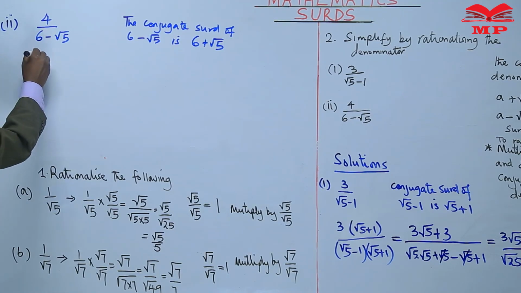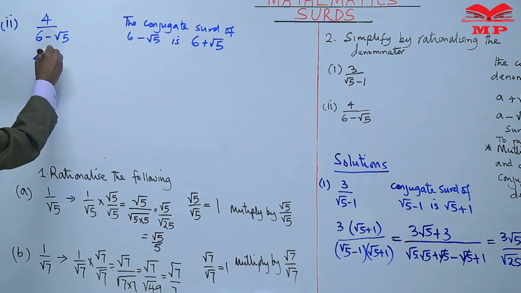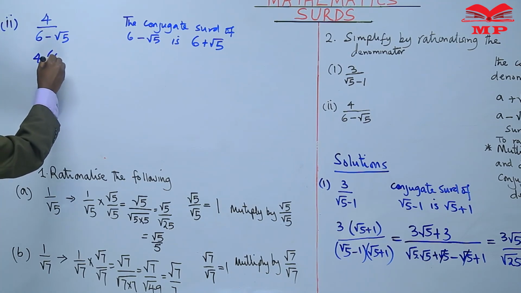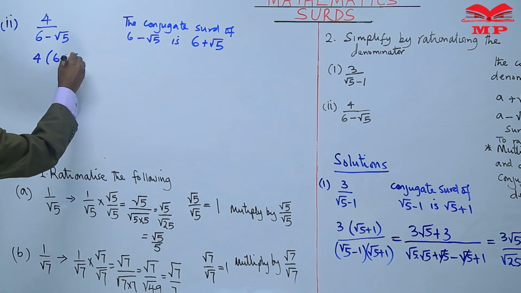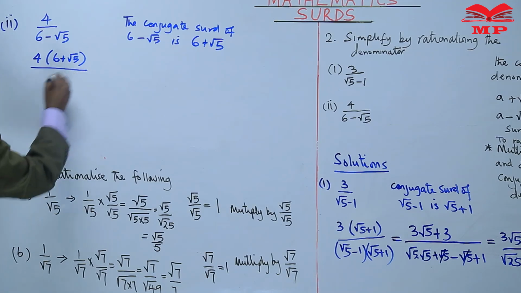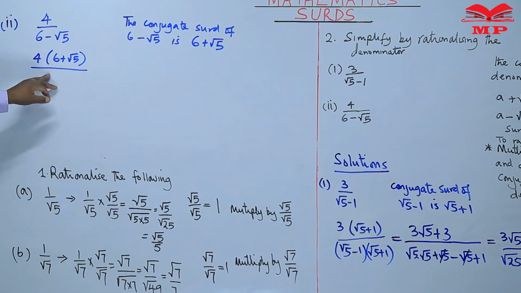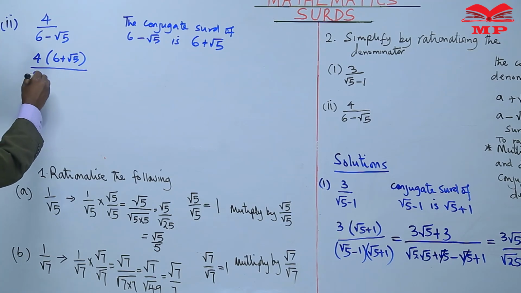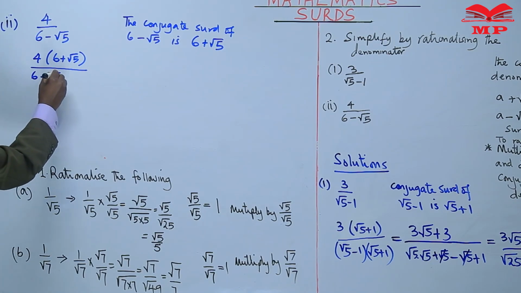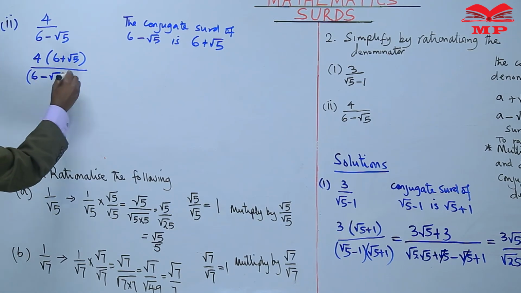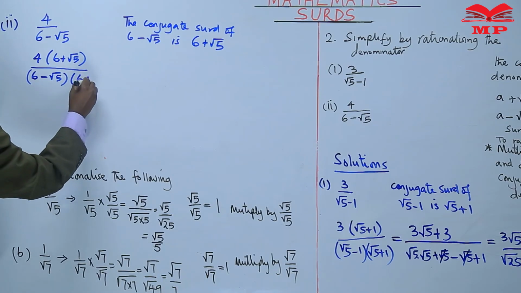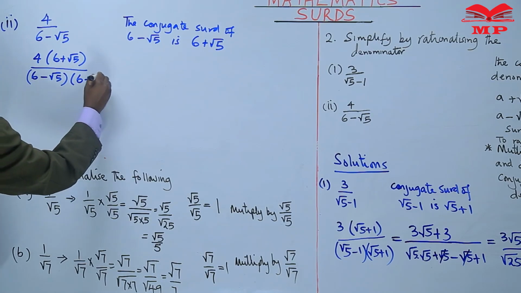So this will come to 4 into 6 plus square root of 5 over 6 minus square root of 5 into 6 plus square root of 5.